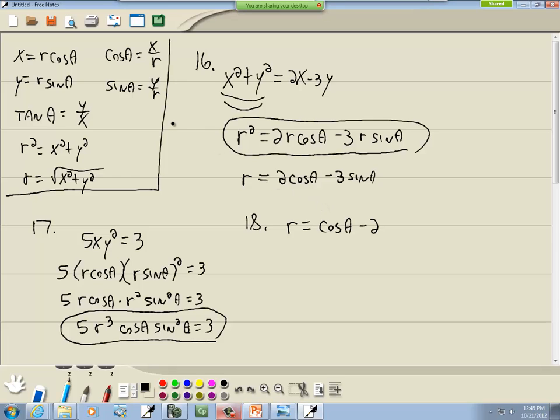And that would work. We have to do a little bit of twisting on it to get it to work. But what we can do is, to begin with, we go ahead and multiply everything by r. So r times r times cosine theta, and r times negative 2. Which would give us r squared is equal to r cosine theta minus 2r.